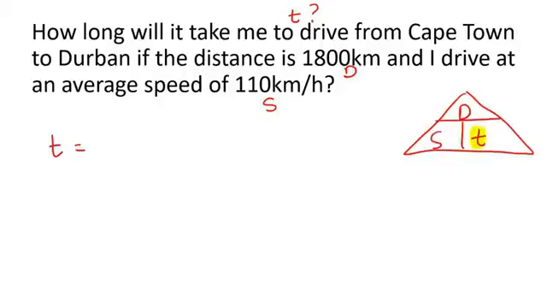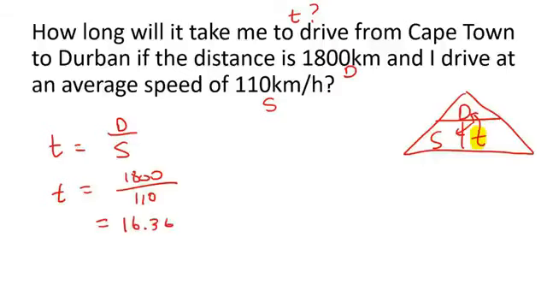So time, now if you see what's at the top, we've got a D, and then at the bottom we've got an S, so it's D over S. And so the distance is 1,800, and the speed is 110. And so if you had to work this out, you're going to get 16.36, and then you might wonder, is it minutes, seconds, hours? We'll just look at the other units that they've given, and so that'll be hours. You can say hours like that.